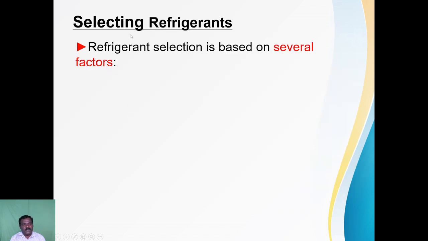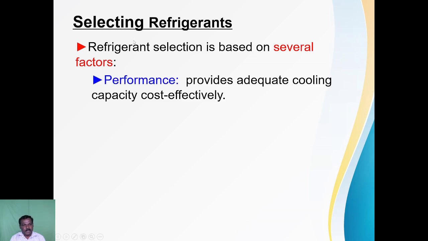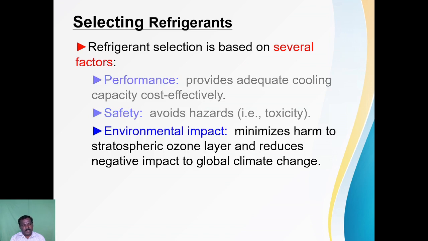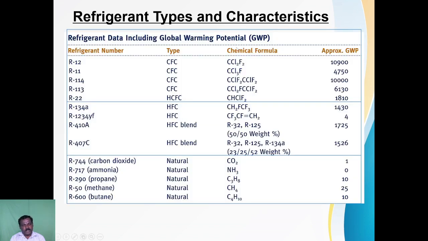Then how can we select the refrigerants? Refrigerants are selected by many factors. One is performance, meaning adequate cooling capacity. Then safety, which is the most important thing in selecting refrigerants. Then environmental impact is also involved.